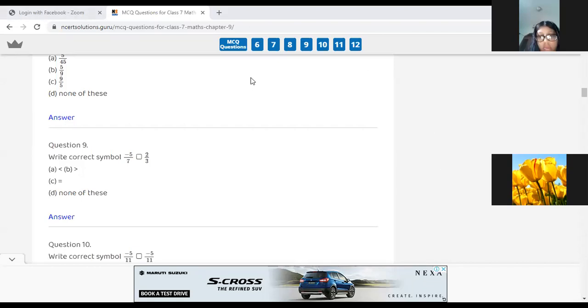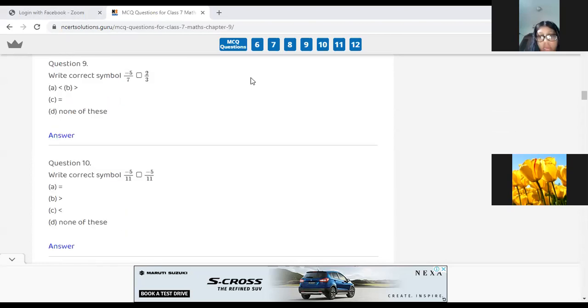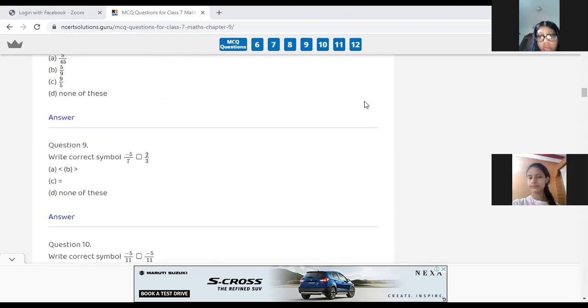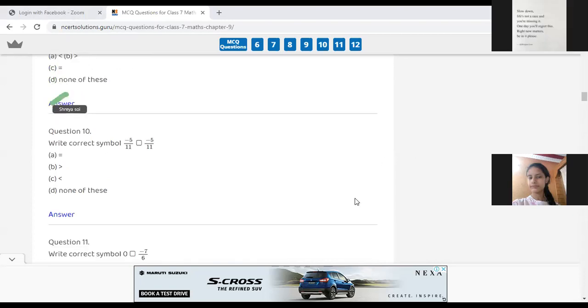Whose name I am taking, they will only answer. Whenever you get the chance, then you can answer. Yes, Kushi? -5/11 and -5/11. Equal to. Yes, they are equal because both the numbers are the same with the same sign.